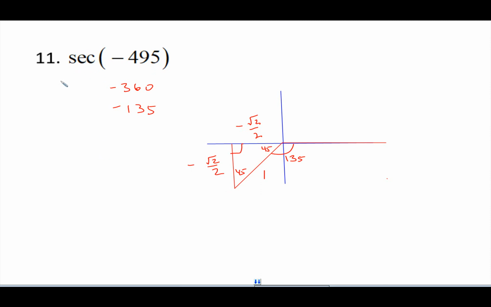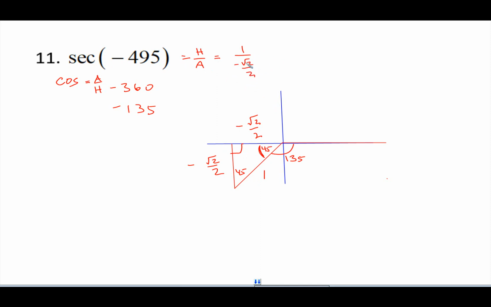Secant is the reciprocal of cosine, which is adjacent over hypotenuse. So for secant we're doing hypotenuse over adjacent. The hypotenuse is 1, and the adjacent to this angle is negative rad 2 over 2.